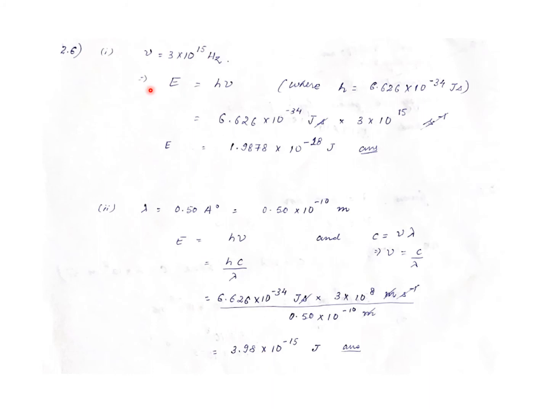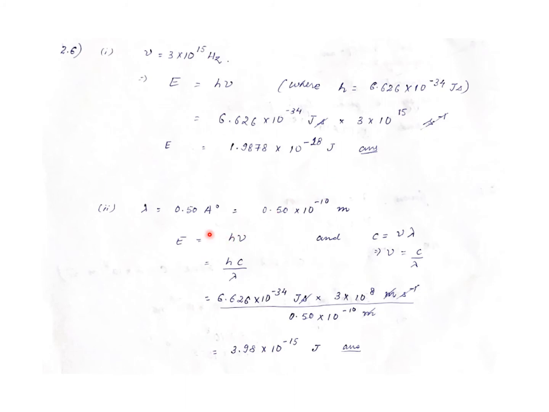So you simply have the equation E is equal to h nu. Nu is already given, and h is the Planck's constant, with the value 6.626 into 10 to the power of minus 34 joule second. After multiplying h by the frequency, the answer is 1.9878 into 10 to the power of minus 18 joule.